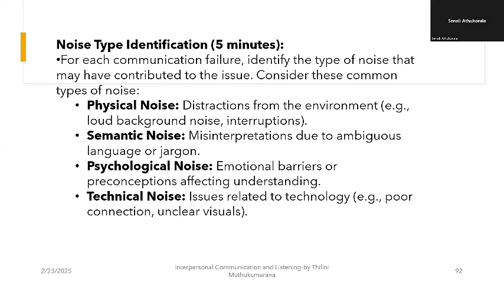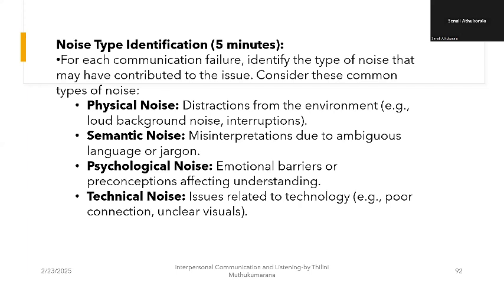Okay, so these are in details about the physical noise, distractions. It can be from the background, and it can be your physical conditions as well, interruptions or your head pains at that moment.